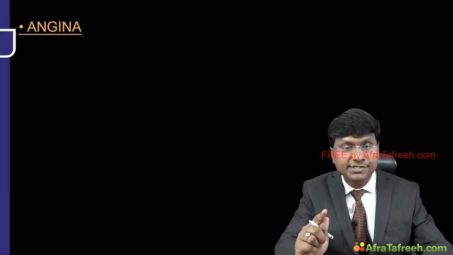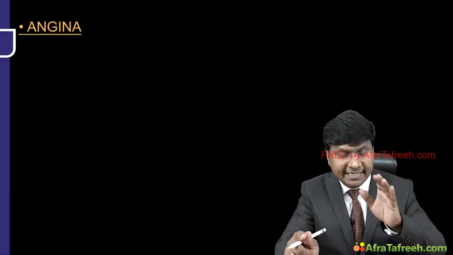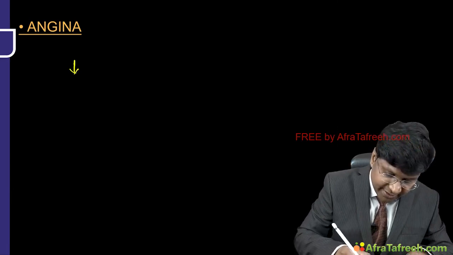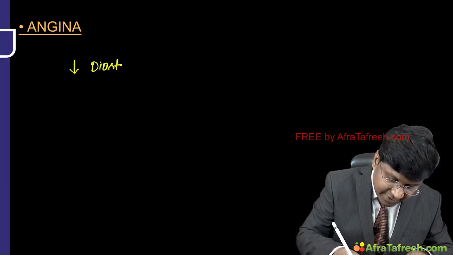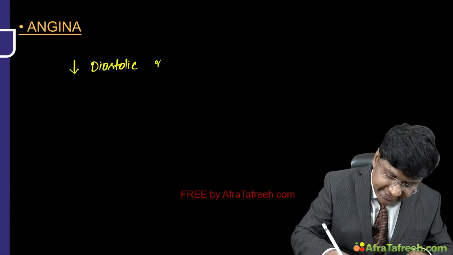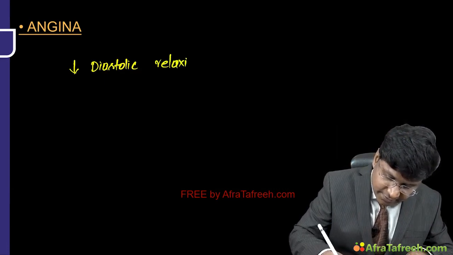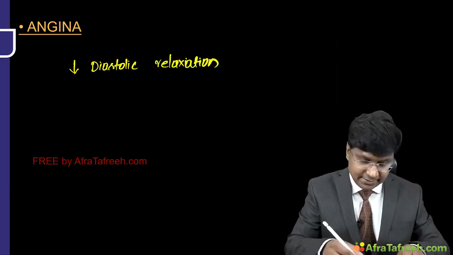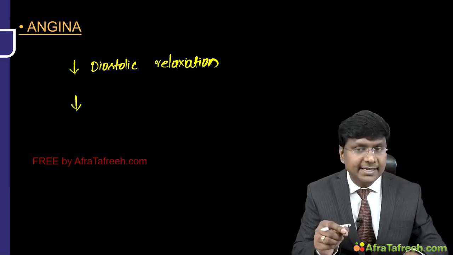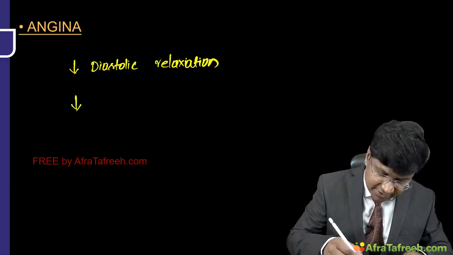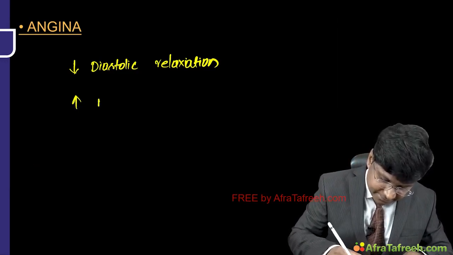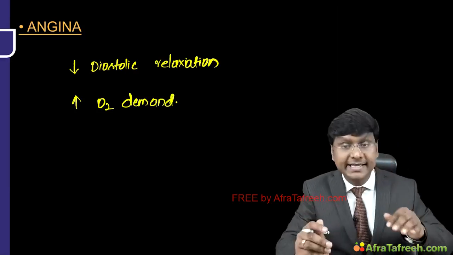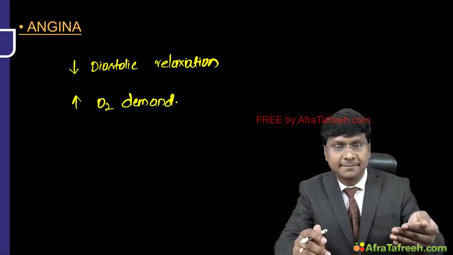And another important feature is the angina. So the typical symptoms of angina occur due to impaired diastolic relaxation. There is decreased diastole, and there is also markedly increased myocardial oxygen demand.